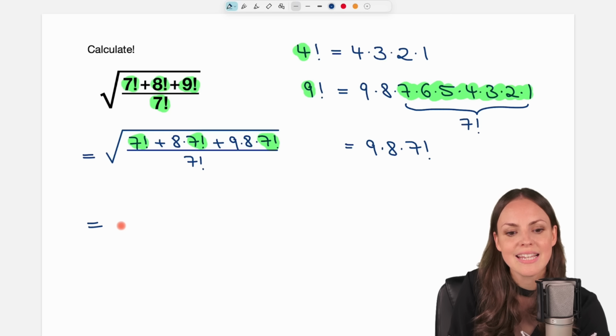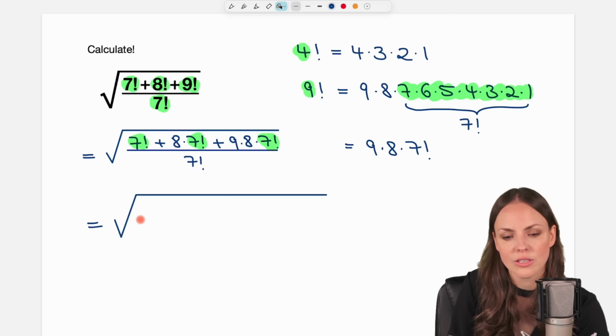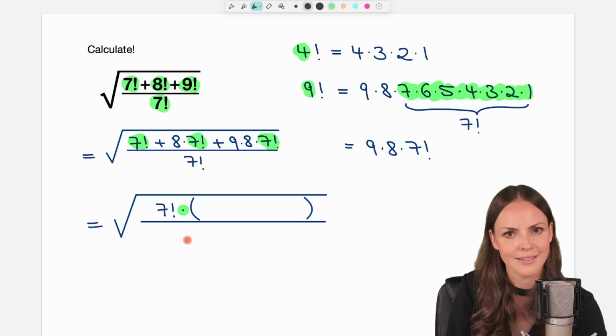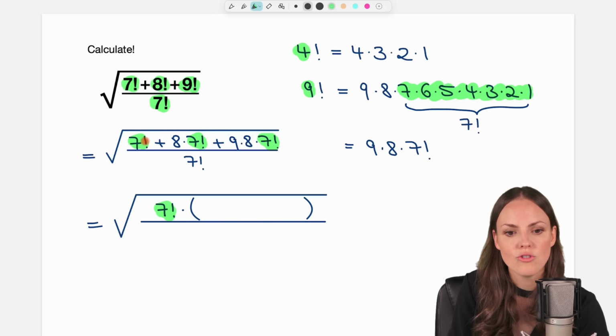So let's factor out the 7 factorial, so that we get a product in our numerator. We want to factor out this green 7 factorial. From the first part, where we had 1 times 7 factorial, only the 1 is left.